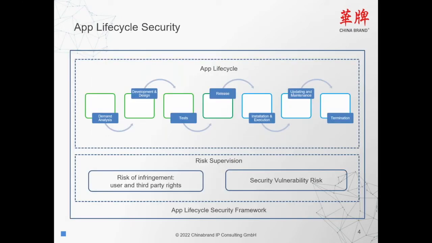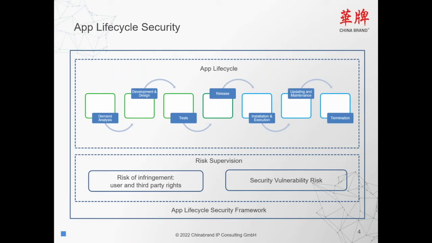Here you can see a representation of the app lifecycle according to the latest Lifecycle Security Management Guideline from the State Administration for Market Regulation. The app lifecycle consists of 7 phases and can be divided into 2 main sections.